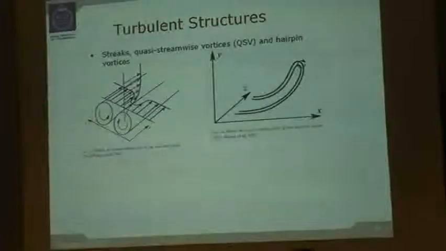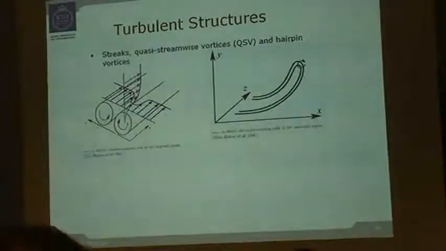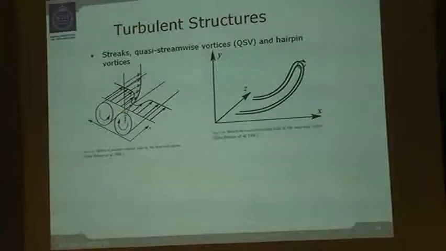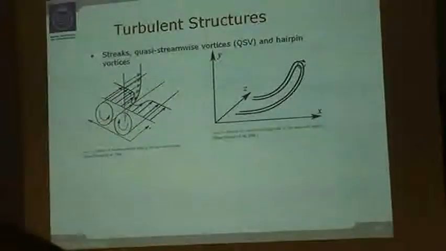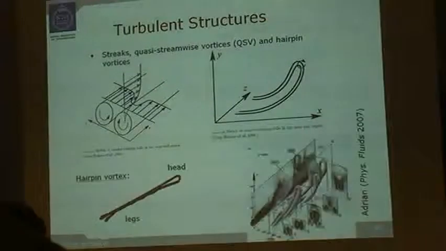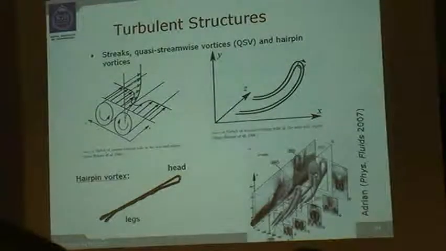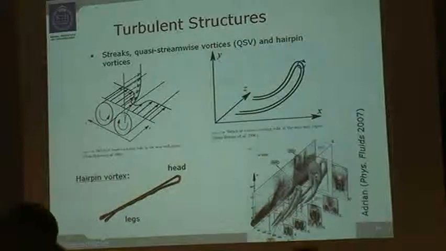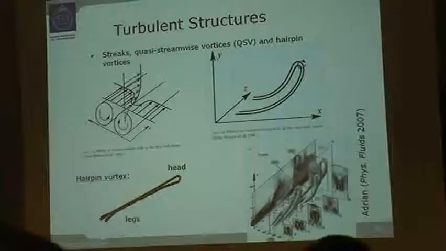One can then also think of these quasi-streamwise vortices having some additional flow structures corresponding, for example, here to a hairpin vortex. So there is a lot of vortex dynamics or additional aspects that we can then connect with coherent structures close to the wall. At this point, I think I will not go into more detail.